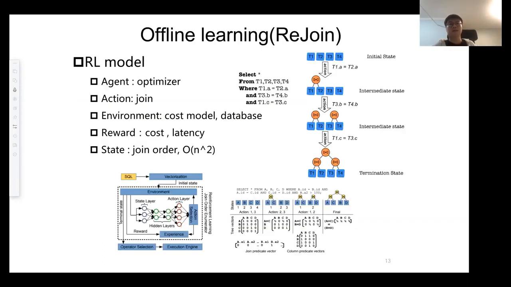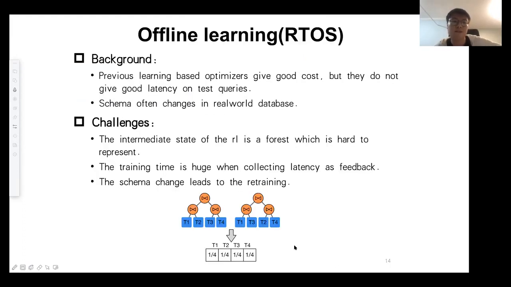For the ReJOIN method, different plans may generate the same representation, which is not a good choice. So RTOS is proposed to solve this problem. It uses a tree LSTM to encode the query, so different structures of queries lead to different representations. The model can capture the structure of the query plan.